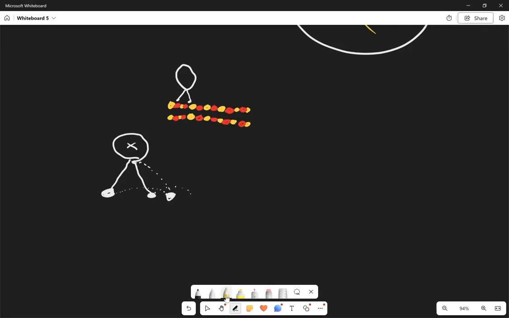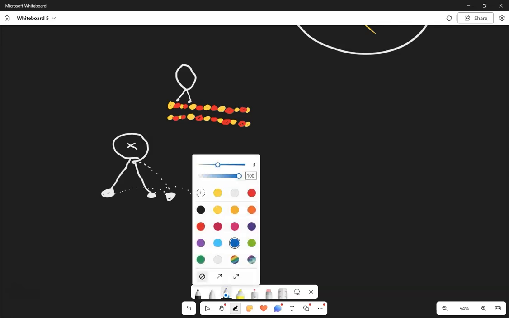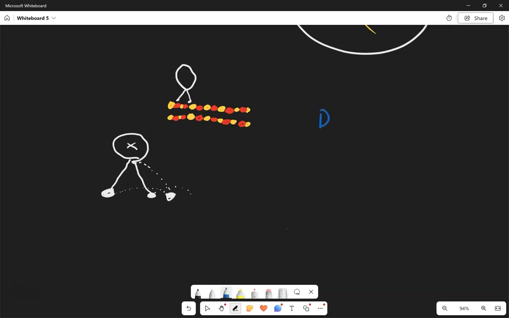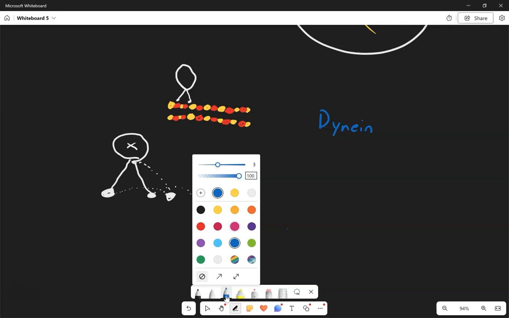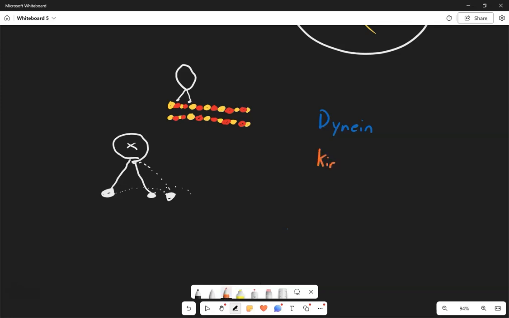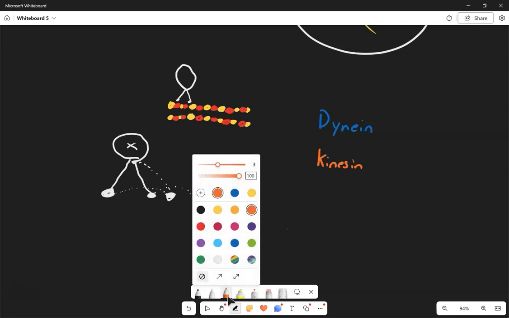And there are two main carrier molecules that we talk about. There is one known as dynein, and there is one known as kinesin. Okay. And these differ in the direction that they walk.